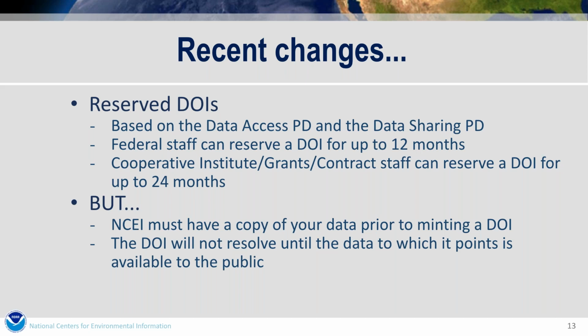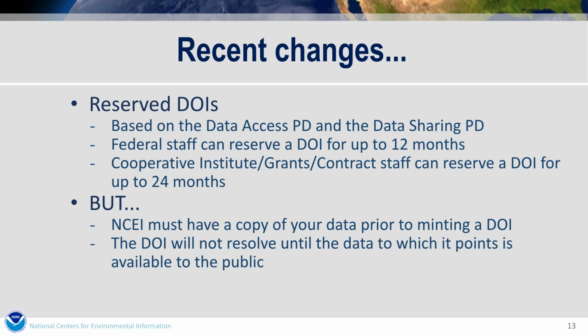So they have different timelines for how long can transpire until data are expected to be released. For federal staff, we can reserve and hold a DOI for data up to 12 months. For cooperative institute and others, we can hold that reserved DOI for up to 24 months.